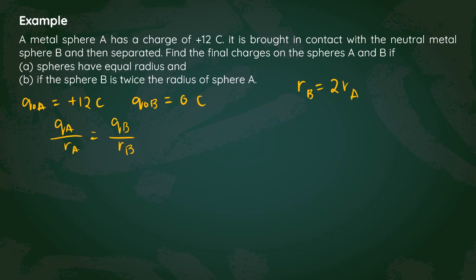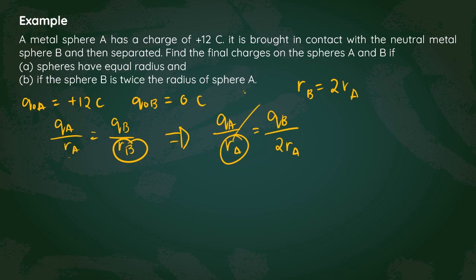So we get the equation QA over RA is equal to QB over 2RA.